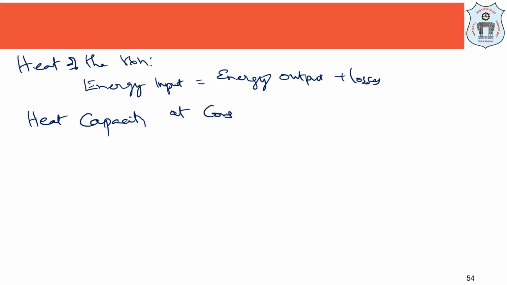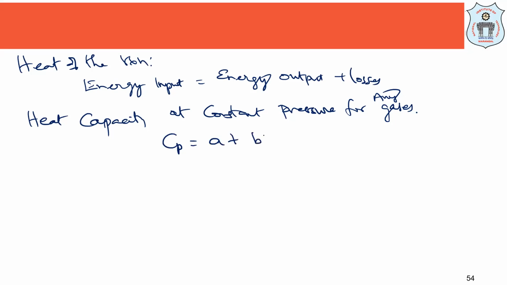At constant pressure for any gases, the heat capacity at constant pressure is given by Cp is equal to A plus BT plus CT square plus D into T cube. Okay, this A, B, C, D are constants.